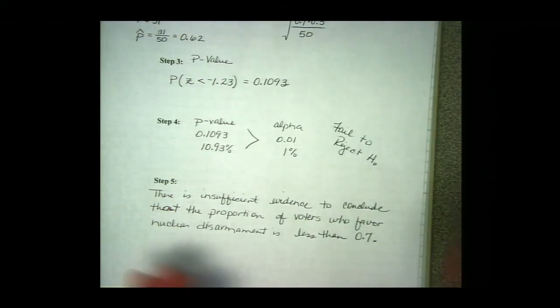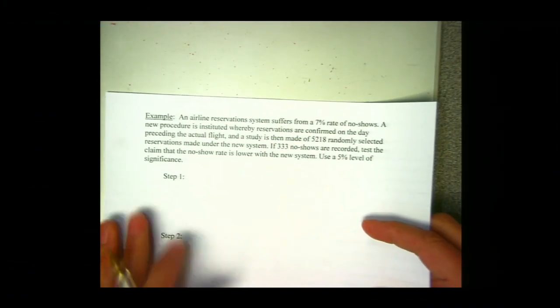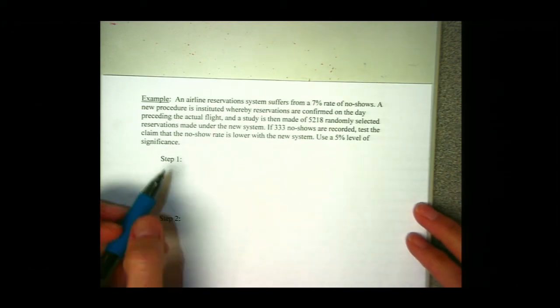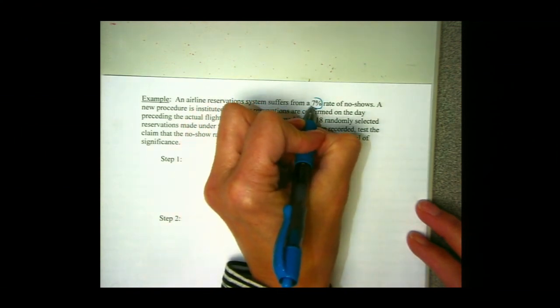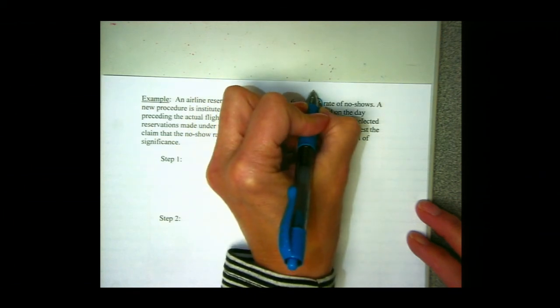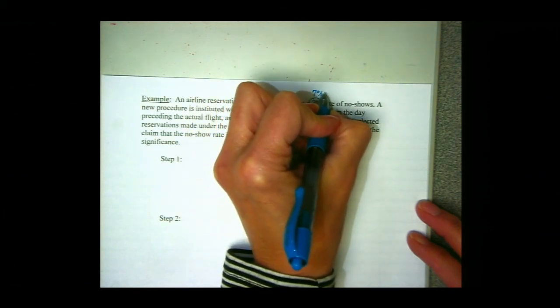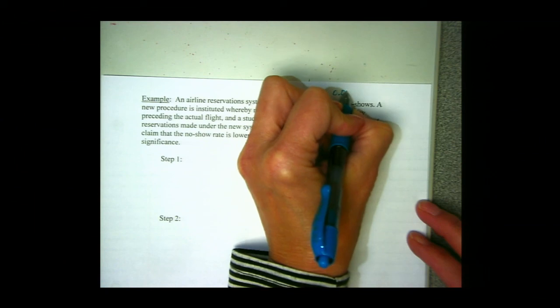All right, we're going to do one more example. An airline reservation system suffers from a 7% rate of no-shows. Now, 7%, if I wrote that as a number, 7% is 0.07.